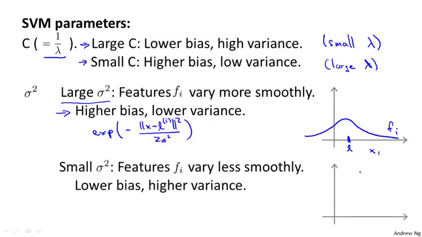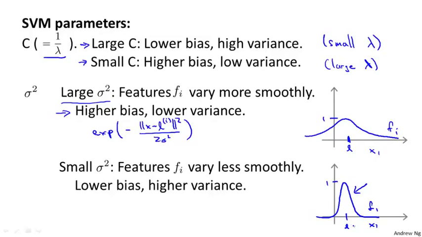Whereas in contrast, if sigma squared is small, then if that's my landmark, and given my one feature x1, my Gaussian kernel, my similarity function, will vary more abruptly, with a peak of 1 in both cases. And so if sigma squared is small, then my features vary less smoothly, so they have higher slopes, higher derivatives here, and using this you end up fitting hypotheses of lower bias, and you can have higher variance.